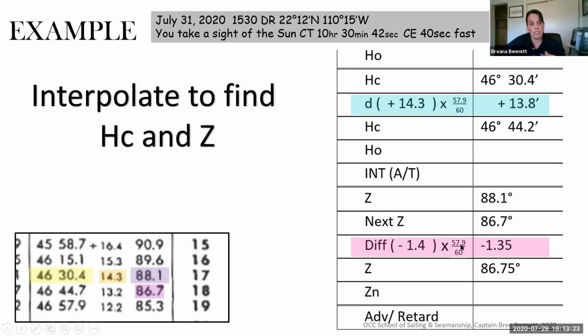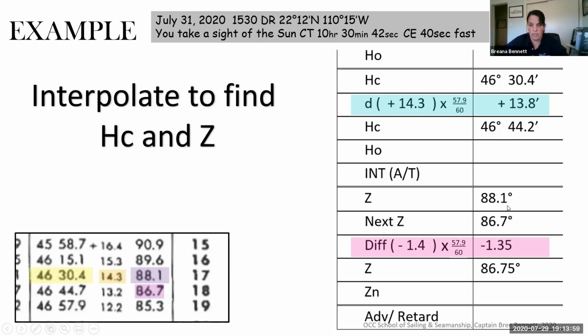So then if I multiply it by my ratio of the declination, which was 57.9 divided by 60, I get minus 1.35 degrees. So I subtract that from my base, from what I started at, from the 17, not from the next Z. So that can kind of be confusing on this formula, if you will.